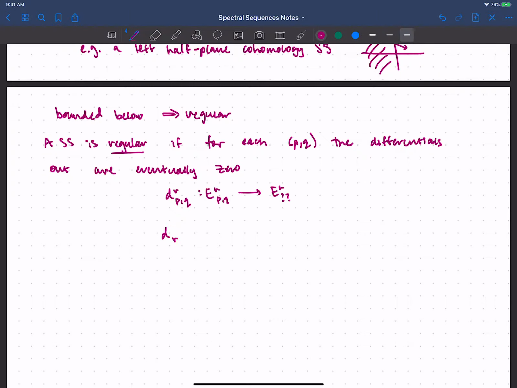And in the cohomology thing, same deal. So I want to be going out of the p,q spot. And now, of course, my indices over here will be opposite to the negatives of those. But the point is that these are all 0 for some large r, and in fact, for r greater than or equal to some r naught.